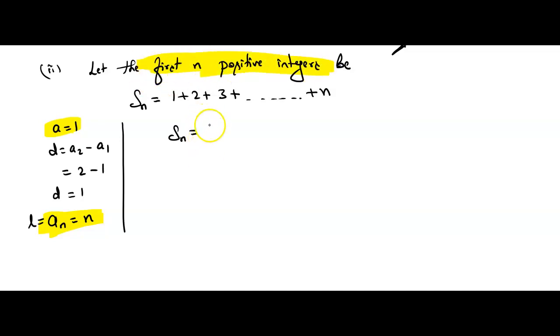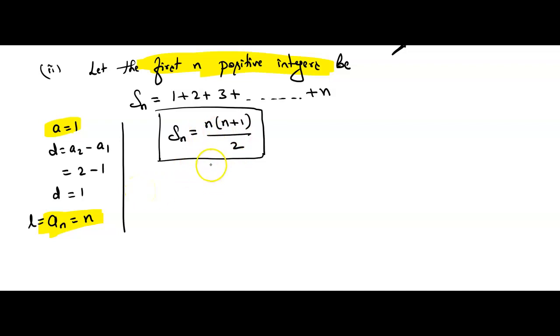So we can use the formula Sn equals n into n plus 1 by 2. Remember this formula, a very important formula. Whenever you add the sum of the first n positive integers, you have to use the formula Sn equals n into n plus 1 by 2. Did you understand this, children?